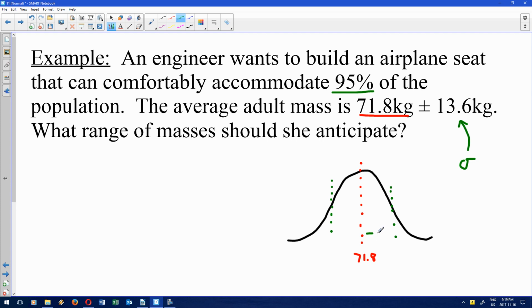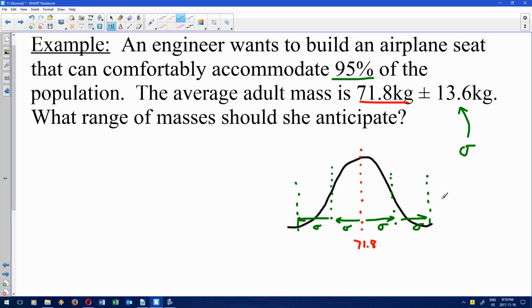And I'm just going to roughly sketch out one. So there's 1 deviation, and there's 2 deviations. And I have to go in both directions. So 1 deviation this way, 2 deviations this way. So in terms of what range of masses, I just need to find out where these points are. Each deviation is 13.6.